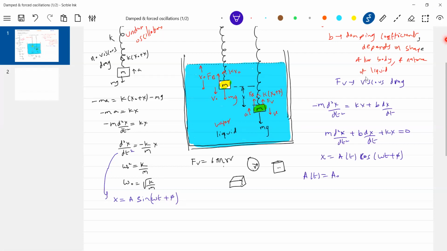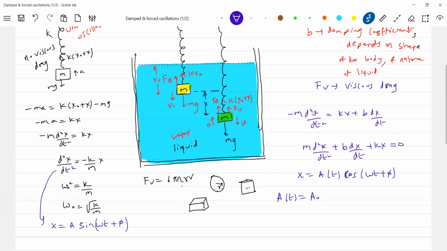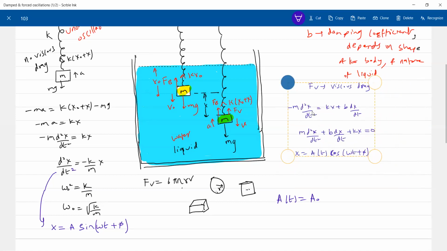I'll magnify it. We'll minimize it so that we get some space here.